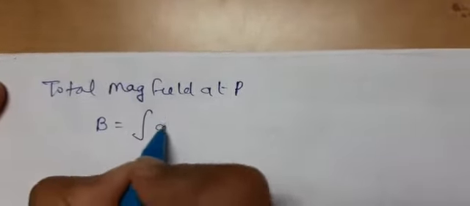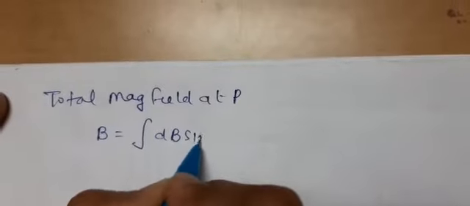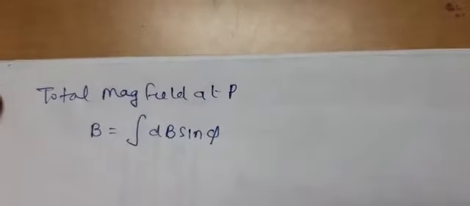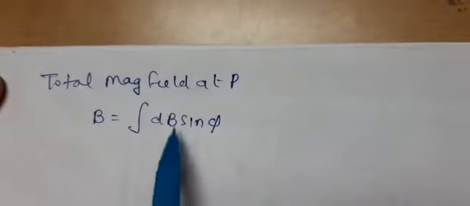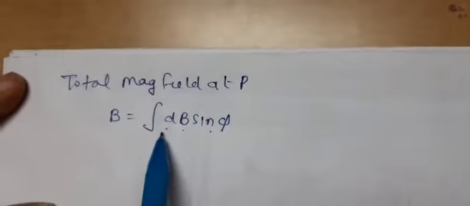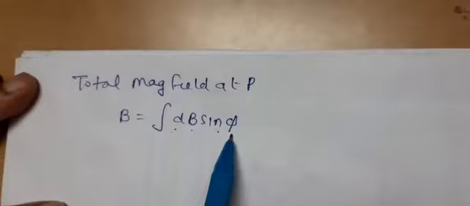So what will be the total magnetic field at point P due to the entire circular loop? It can be obtained by integrating one of the sine components. See, we are not taking 2 dB sin phi. In a similar way we have done it in electrostatics also. Here we take one component, and if we integrate, the second component is automatically included.